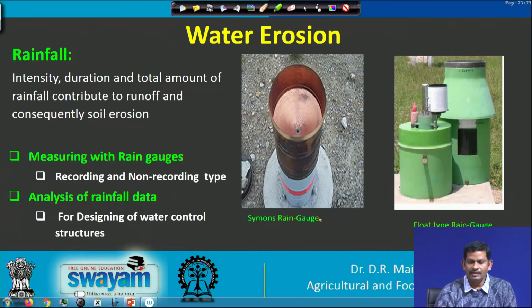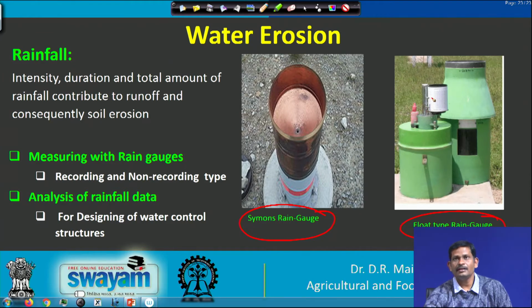One is the Symons rain gauge and the other one is the float type rain gauge. The Symons rain gauge gives the accumulated rainfall over a period of 24 hours or a day, whereas the float type rain gauge gives the rainfall intensity, because it has a graph sheet mounted on a drum.